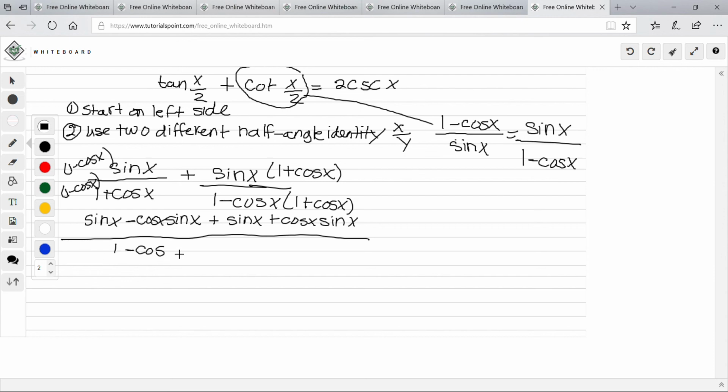So that's 1 minus cosine x times 1 plus cosine x.